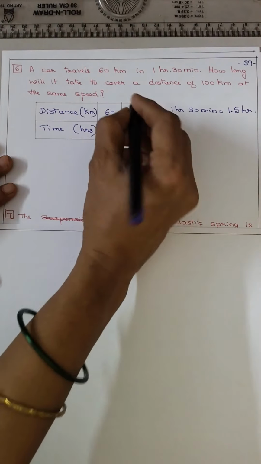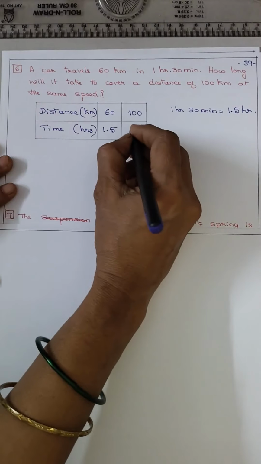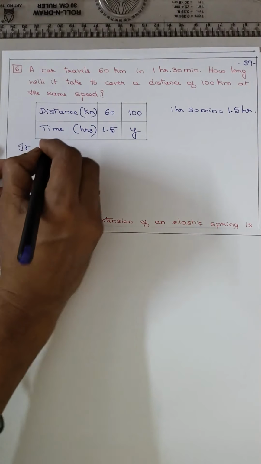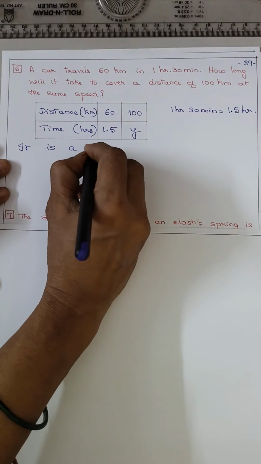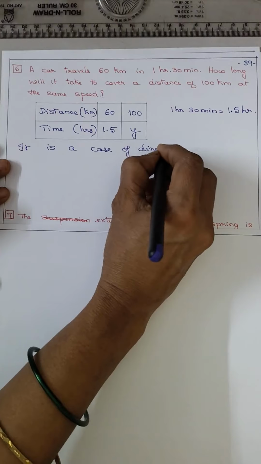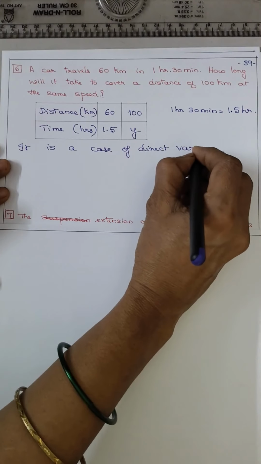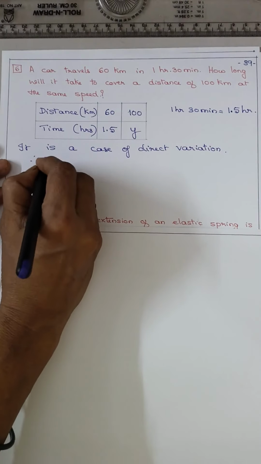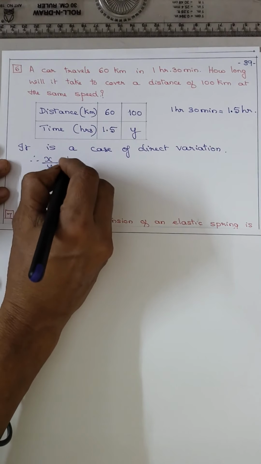Now the 100 किलोमीटर के लिए कितना टाइम? 60 किलोमीटर के लिए 1.5. So 100 किलोमीटर के लिए ज्यादा ही होगा. So it is a case of डायरेक्ट वेरिएशन. अभी फॉर्मूला क्या है? x by y is equal to k.